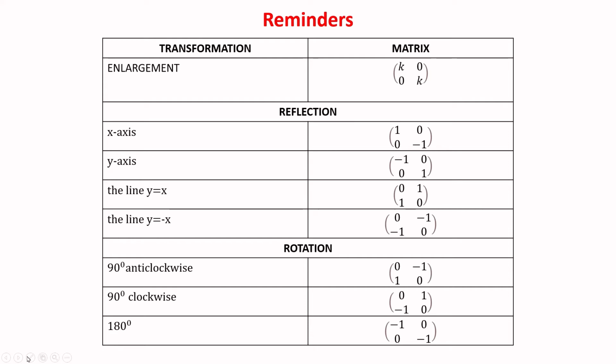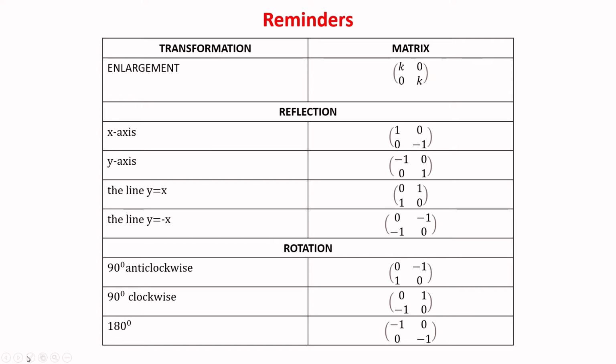Alright, so we have various transformations that can be represented by various different types of matrices. A reflection in the x-axis is represented by the matrix 1, 0, 0, negative 1. A reflection in the y-axis can be represented by negative 1, 0, 0, 1.